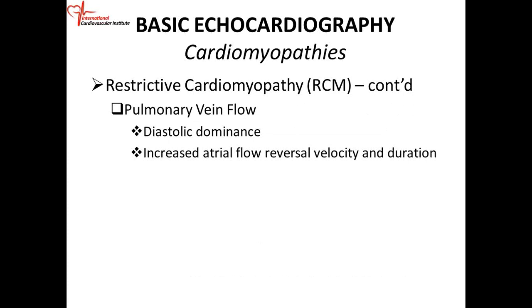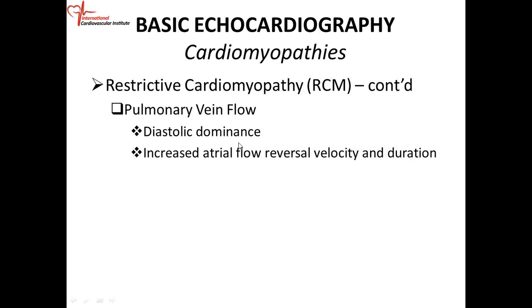When you look at the pulmonary vein flow, patients with restrictive physiology or grade 3 diastolic dysfunction are going to have diastolic dominance. Remember, in your pulmonary vein flow, you get a systolic component, a diastolic component, then an atrial reversal.